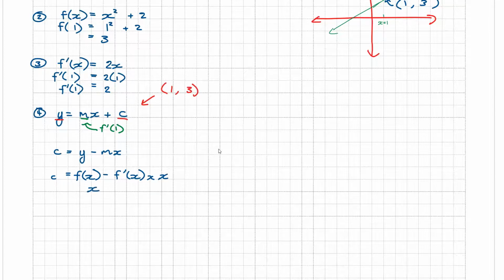So f of 1 minus f dash of 1 times 1. f of 1 is simply 3, take f dash of 1, that's 2 times 1, and therefore the value of c is simply equal to 1.